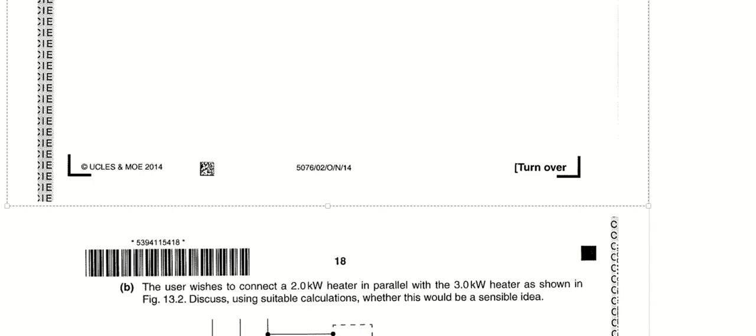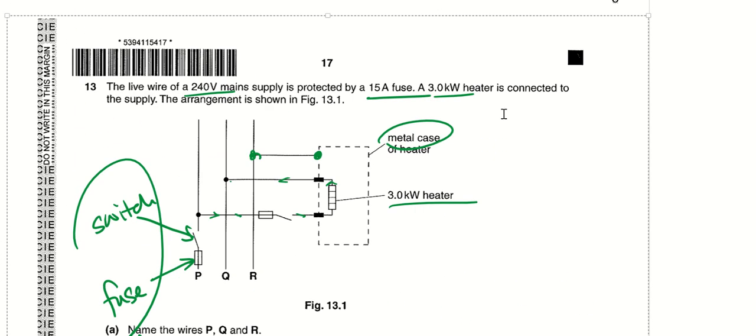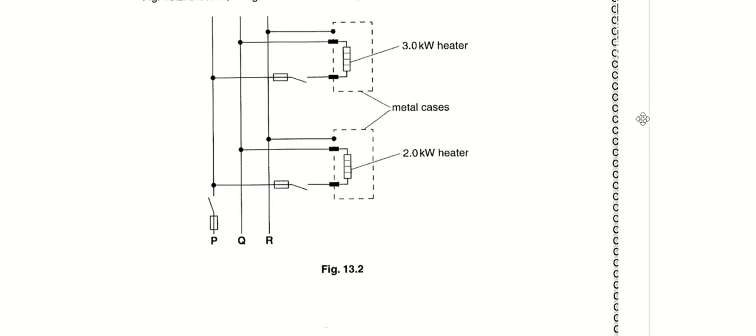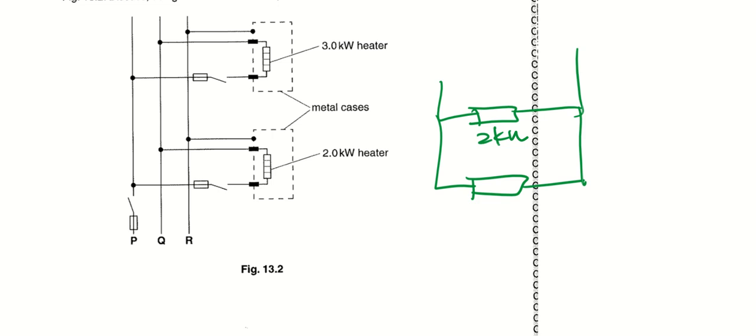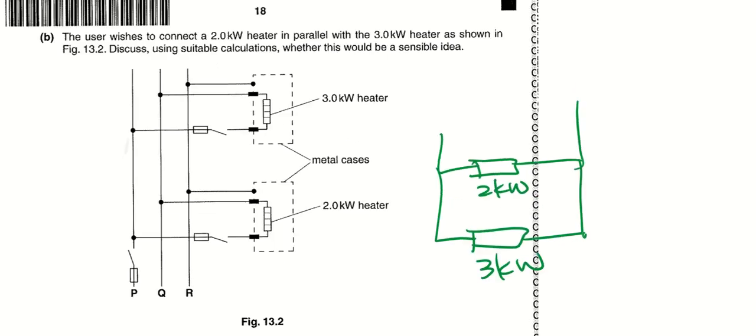So what is the calculation? What values are we given? This fuse is 15 ampere, the live wire is 240 volts. And if they are connected in parallel, if I were to draw something similar like that, this is the 2 kilowatt, this is the 3 kilowatt. They are connected in parallel, right?